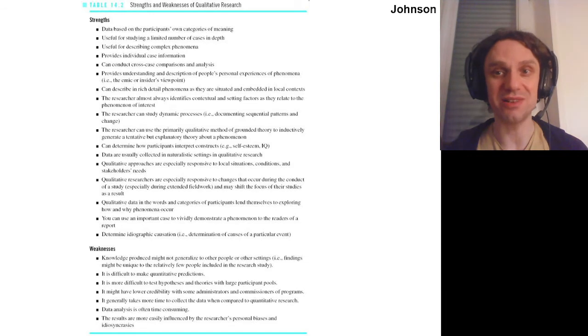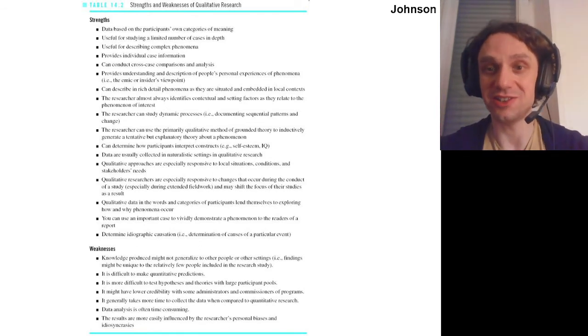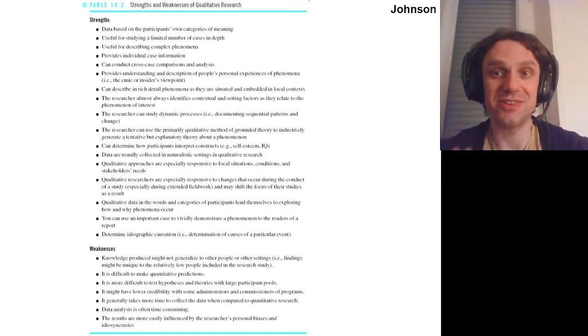You are not able to test any specific hypothesis. You are not able to make any specific predictions concerning people from different samples, even coming from the same population, because normally in qualitative studies your samples are small, and you can never guarantee that they are more or less representative.